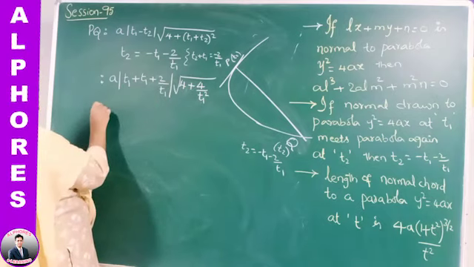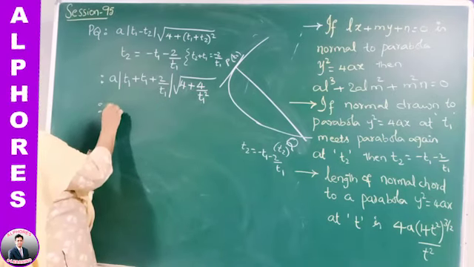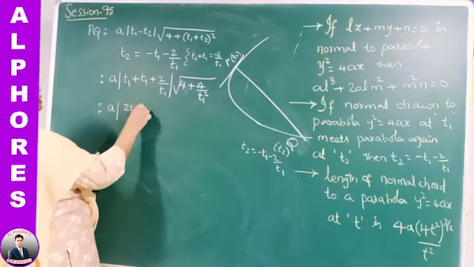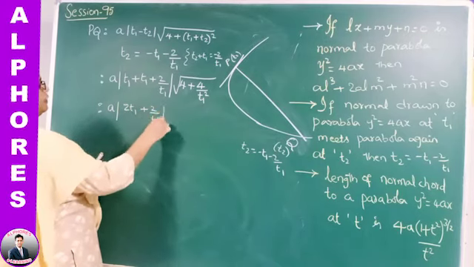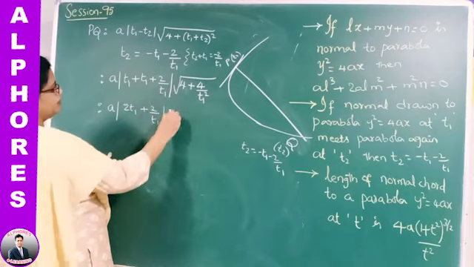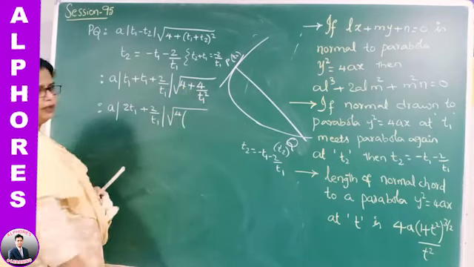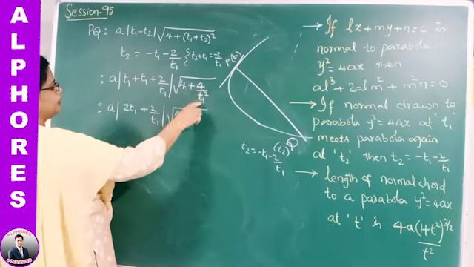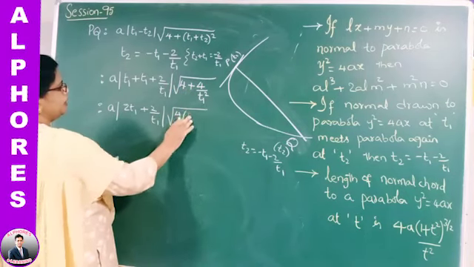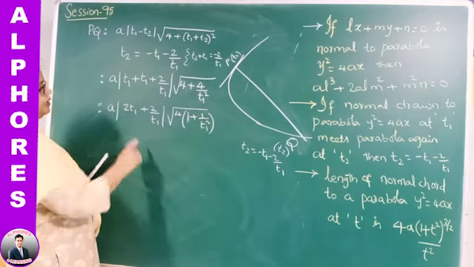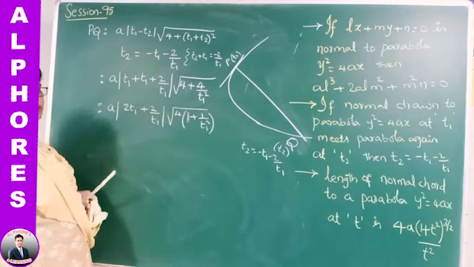That implies this PQ length is nothing but a into mod of 2t1 plus 2 divided by t1. And here you got how much this value? Under root of 4, if you take the common factor, it is 1 plus 1 by t1 square. Now here both the sides, let us take LCM.